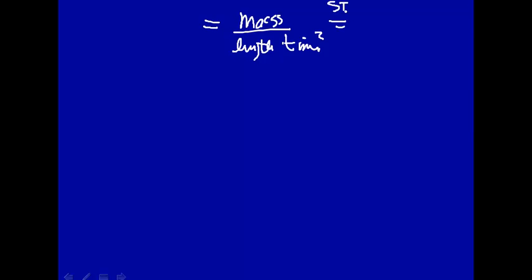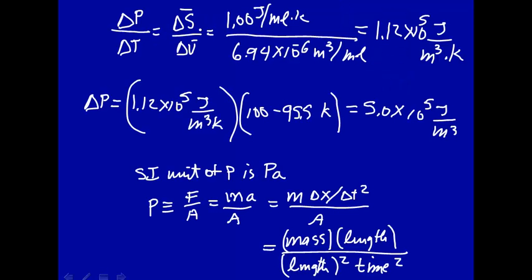Let's put in SI units. SI unit of mass is kilogram. SI unit of length is meter. SI unit of time is seconds, seconds squared. And this SI unit is called a Pascal. All right. Now let's go back up here.